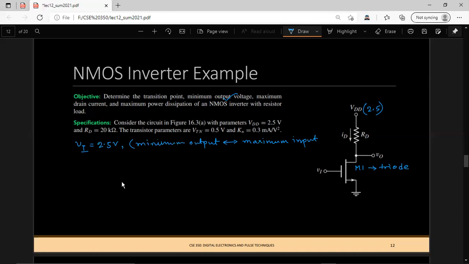So M1 is operating in triode region, and this will give the maximum drain current, because you could remember from the drain current relationship that whenever the gate voltage is higher, then the drain current will go up. Okay, so let's calculate this one.